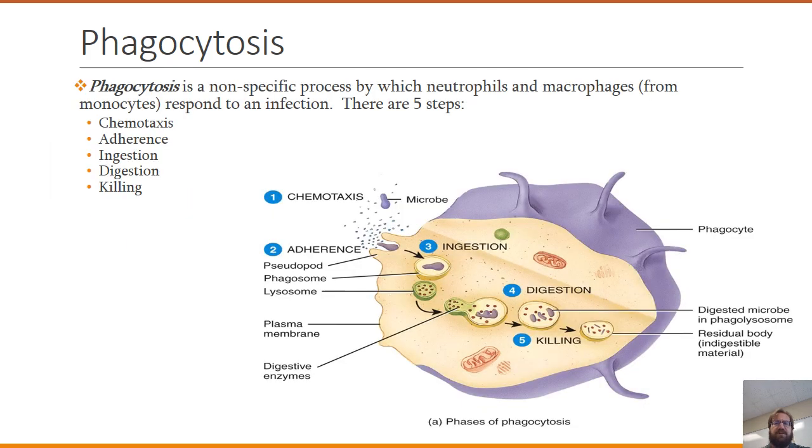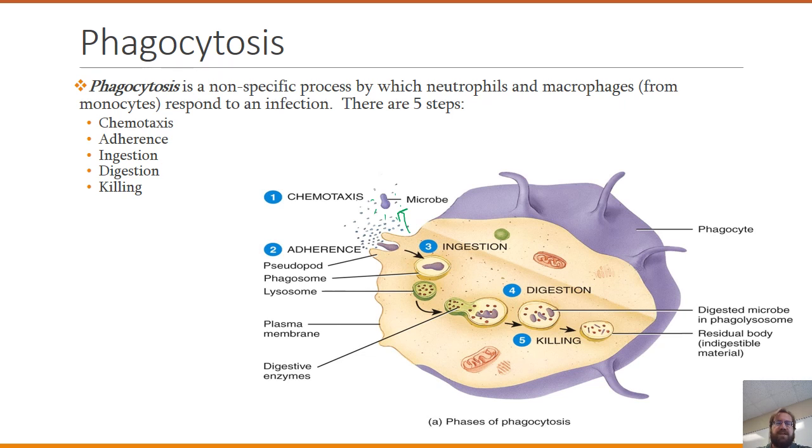Another way of looking at this phagocytosis, it's a 5-step process. Chemotaxis occurs, in which the microbe is letting off tiny chemical signals around it, and the neutrophil or the macrophage detects those signals and moves toward it.